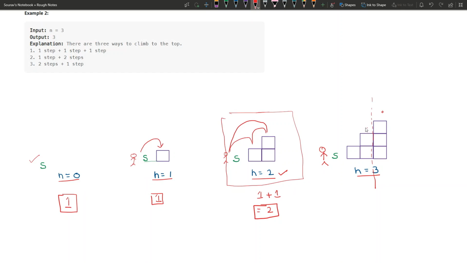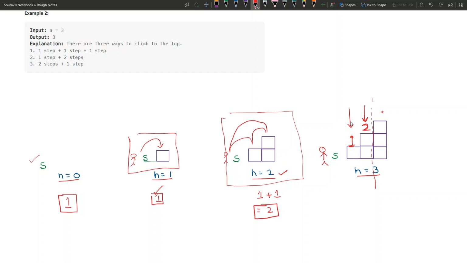What was the total number of ways? There were a total of two ways to reach this point. And what was the number of ways to reach this other point? If this was the top, there was only one way to reach this point.